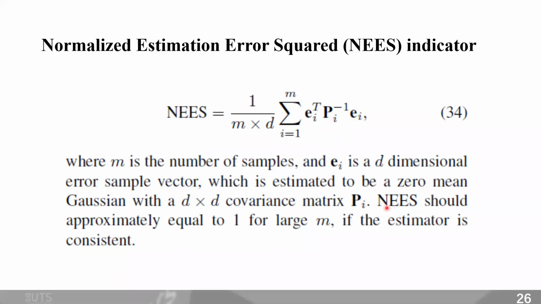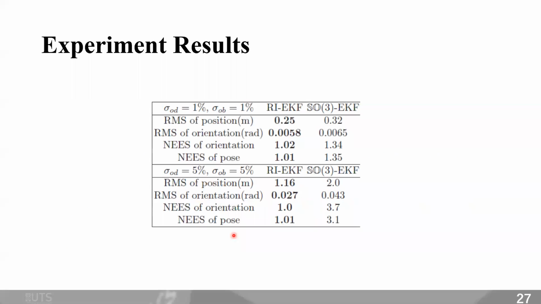By statistical theory, the value of NEES should be near 1 for large M if the estimator is consistent. In an experiment, the robot moves in a 3D environment with 300 landmarks. RI-EKF performed better in terms of accuracy and consistency than the Std-EKF.